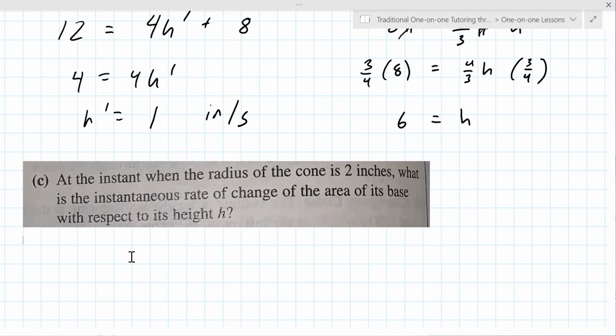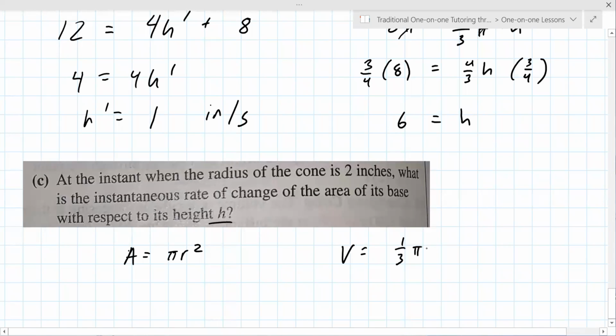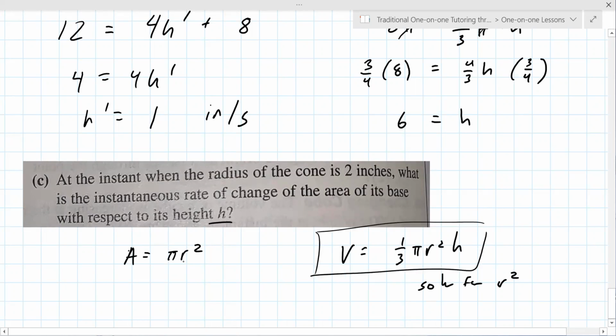Okay, so the area is pi r squared, and they want A prime, but they want it in terms of h. So you have to go to your volume formula, and you want to solve for r squared, because you're going to plug it back in here.